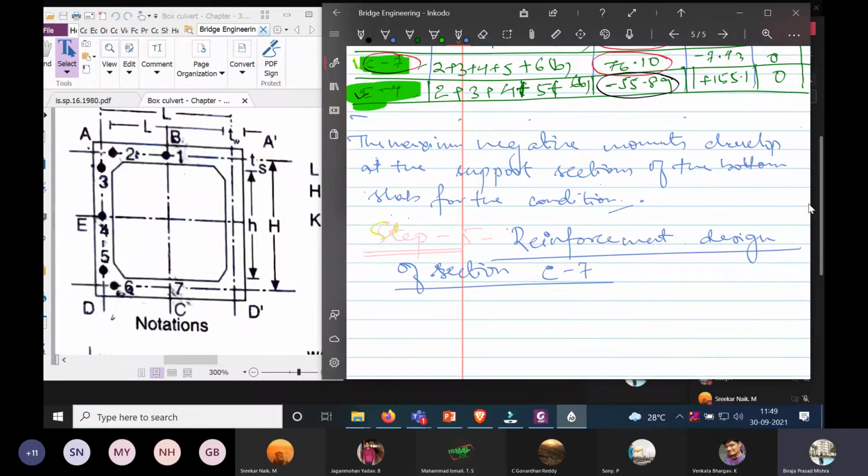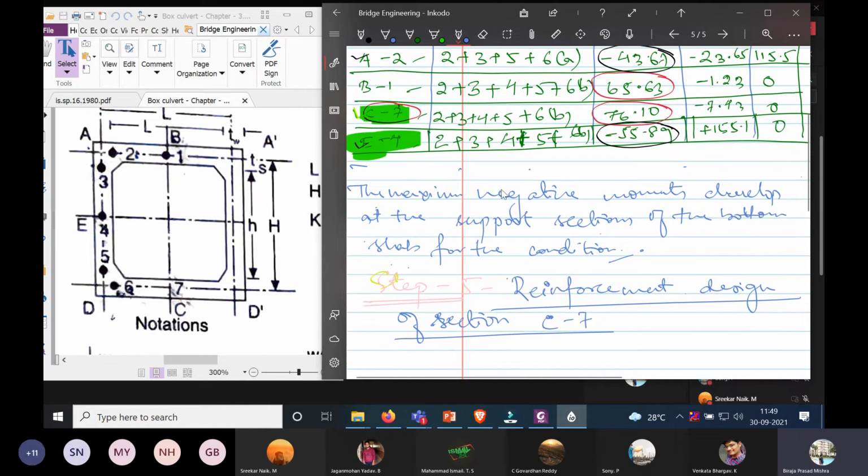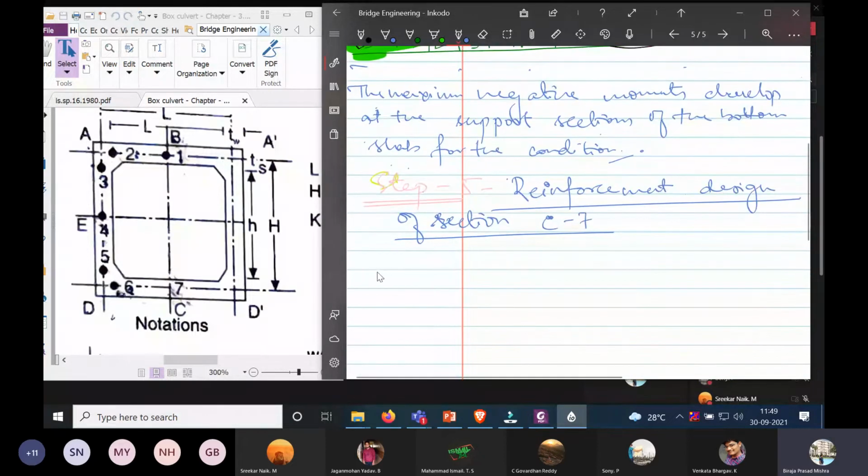Okay, so here you can see in C7 the maximum moment is this one. So that I can write as the service load moment, that is MW. Let's say it is 76.10 kilonewton meter. This is the service load moment.